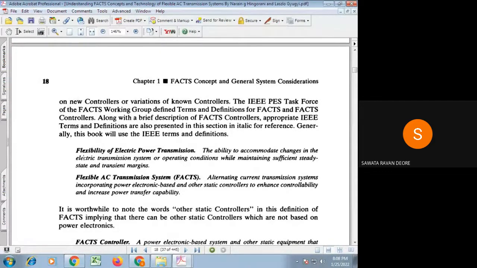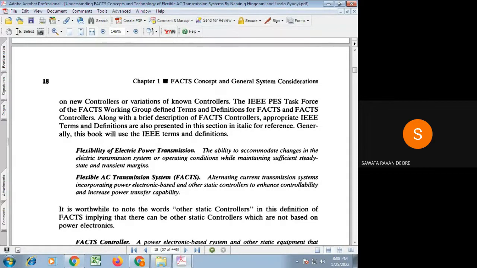By keeping that margin, how we change the ability to modify or to accommodate the changes in the operation of the power system, and that changes may be like change in the power flow through the line, damp out the power oscillations.